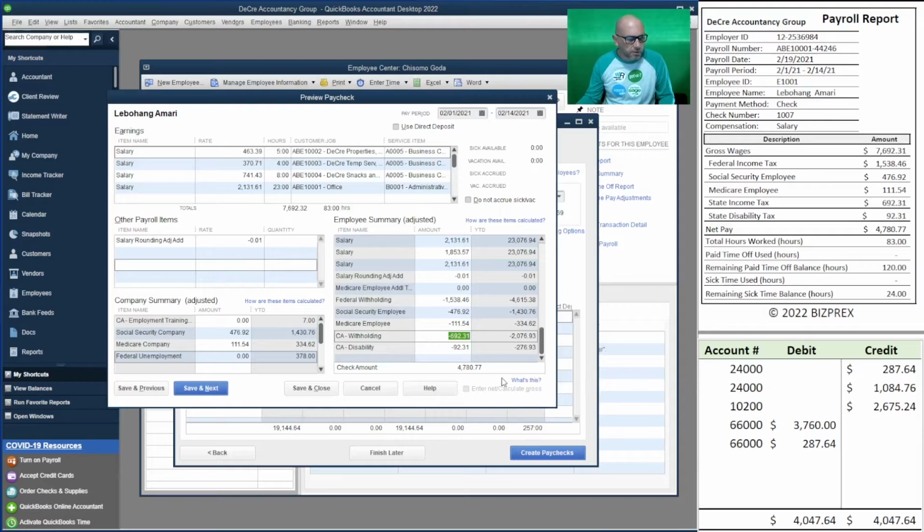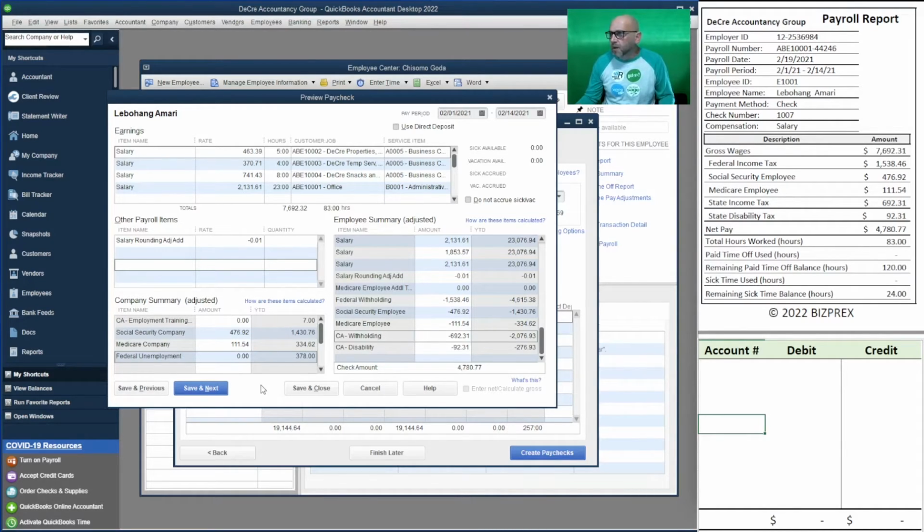All right, so there it is. Again, this is from the previous one. Let me just clear it out so it doesn't confuse you. But again, you know that these amounts right here increase our payroll liability. This increases our payroll liability. This increases our payroll expense. And this increases our payroll expense. That's it. Straightforward. Next one.